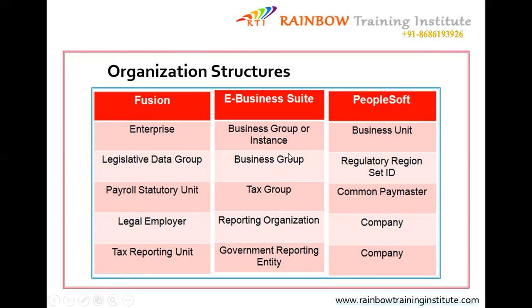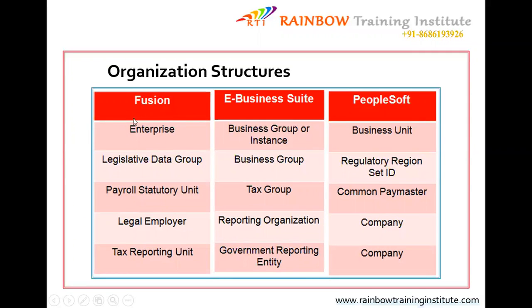If we associate the business group with a country, that brings all the statutory and local legislative-specific things for that country to the payroll. That is only one single object that we define in EBSuite as the business group. That has been split into two objects in Fusion: enterprise and legislative data group.